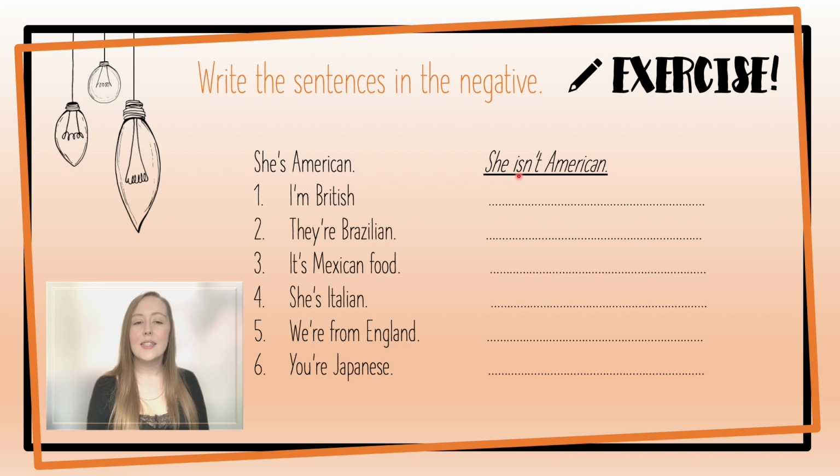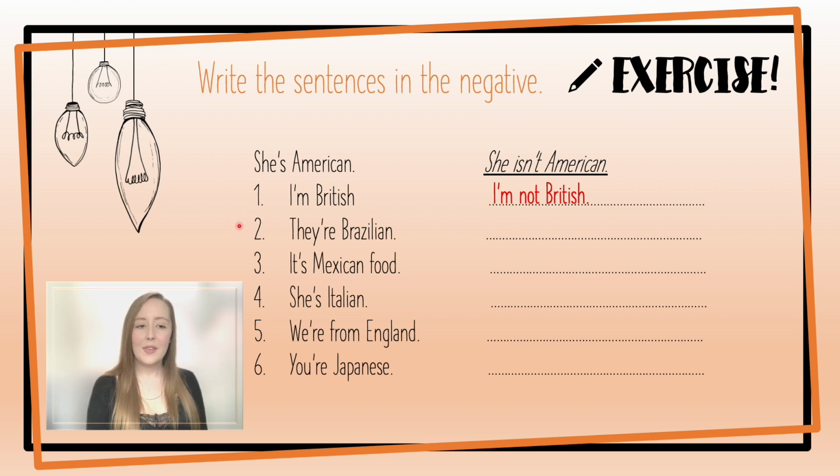So we have 6 sentences. Let's do it together. Number 1, I'm British. How can we say that in the negative? Good. I'm not. I'm not British. So we have a contraction here. I'm not British. Good. Excellent.